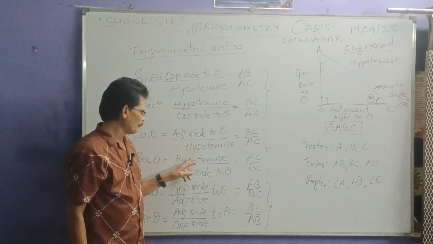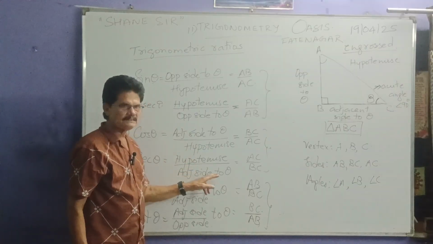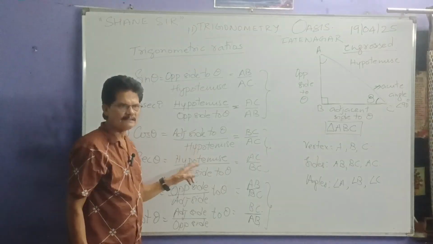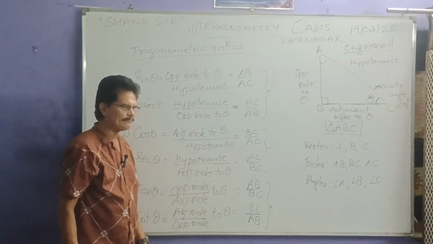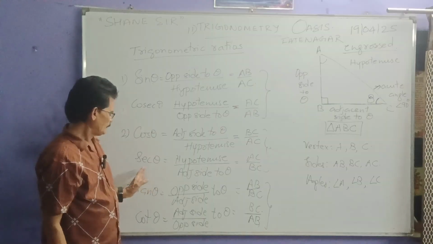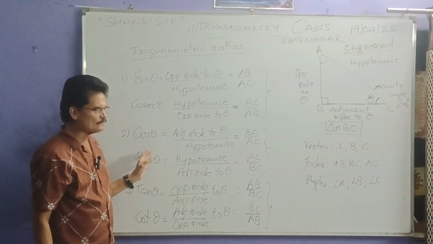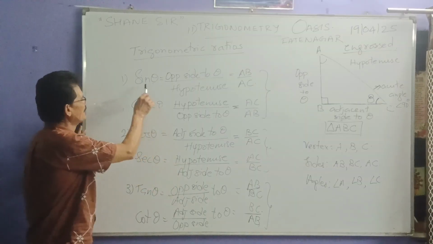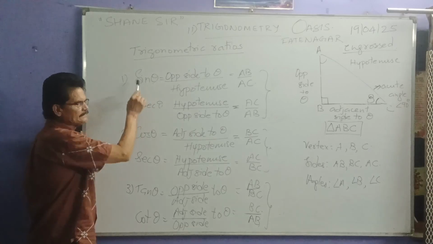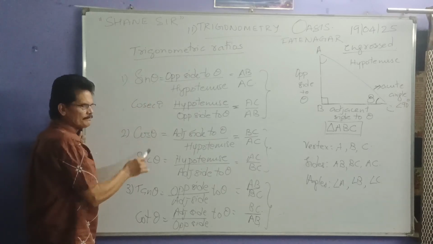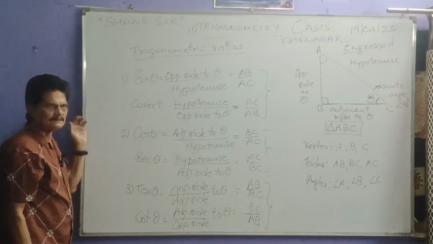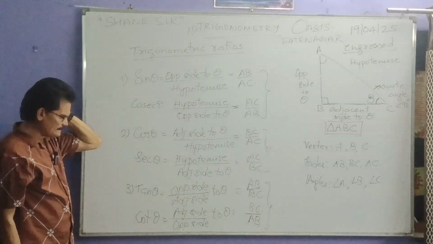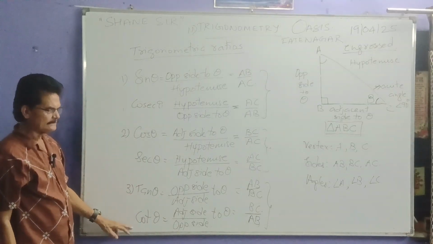So hypotenuse by adjacent side, that is AC by BC. So the second pair is over. First pair is sine cosec, an inverse pair. Second inverse pair, cos sec. And the third inverse pair is tan cot.